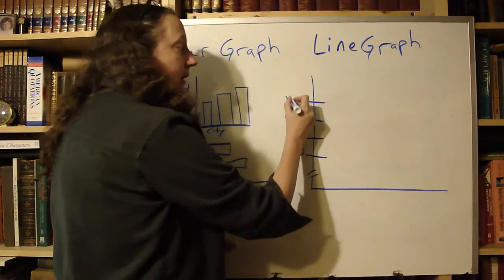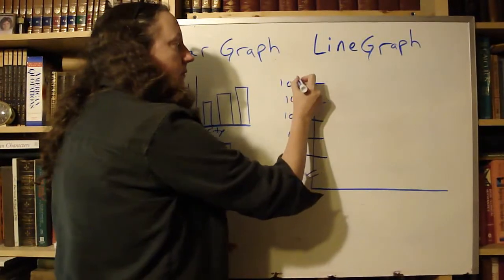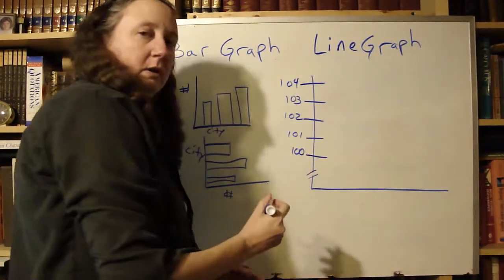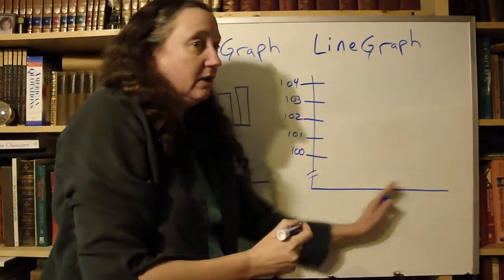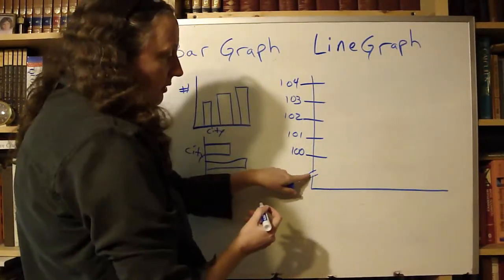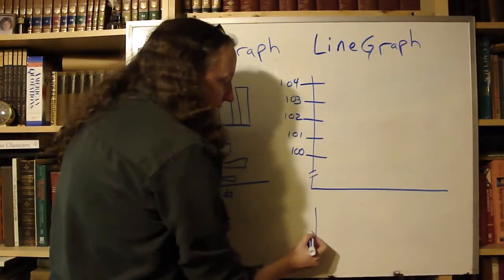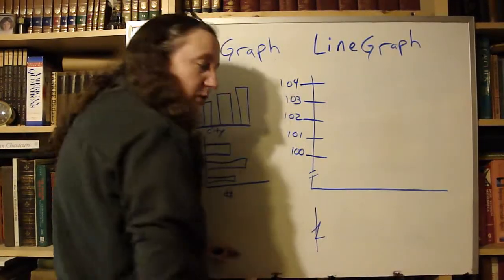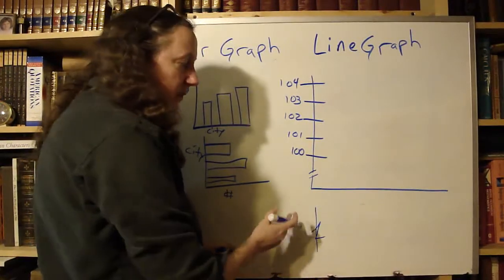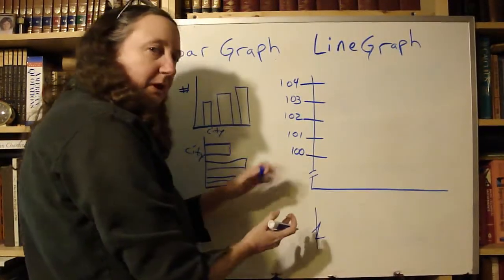We're allowed to do that. Usually that's not done on the x-axis, that's only done on the y-axis. This little symbol here, you may see it written as a little Z on the number line, or it may be two little lines with a gap in between them.